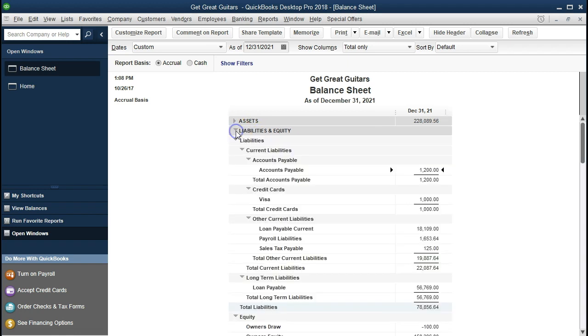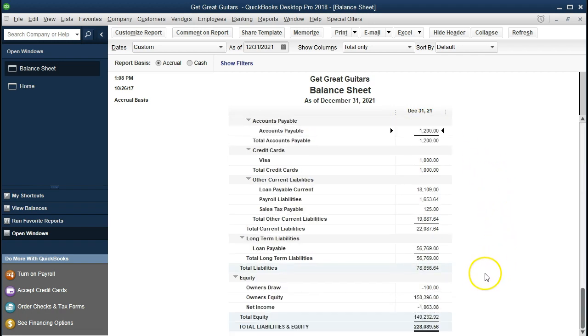In other words, the total assets of 228,8956 minus the liabilities of 78,856.64 equals the net value of this company, the total equity section of 149,232.92. So in essence, this is the value of the company.